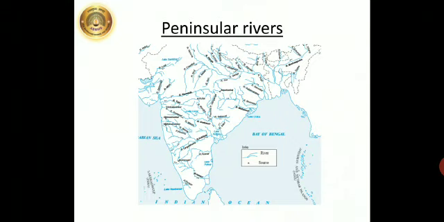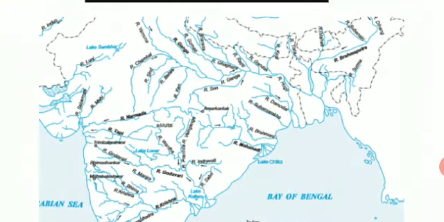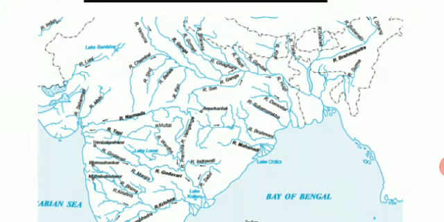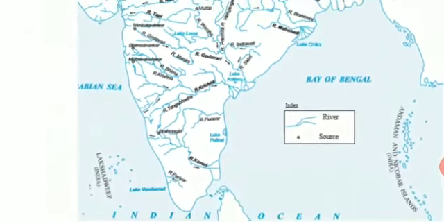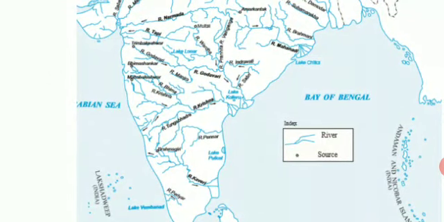Now let us study the peninsular rivers, the rivers that are originating from the peninsular plateau. These are divided into west flowing and east flowing. The Western Ghats act as a major water divide in the peninsula.